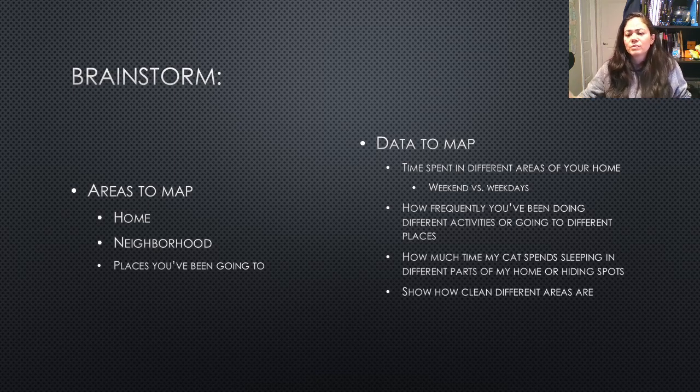How often do you walk to different places versus how often do you ride your bike to different places, things like that. And then, of course, we could talk about how much time a pet spends in different places in your home. Or one person suggested show how clean different areas of your home are. And you could do that by color coding or by sizing or some other system as well.